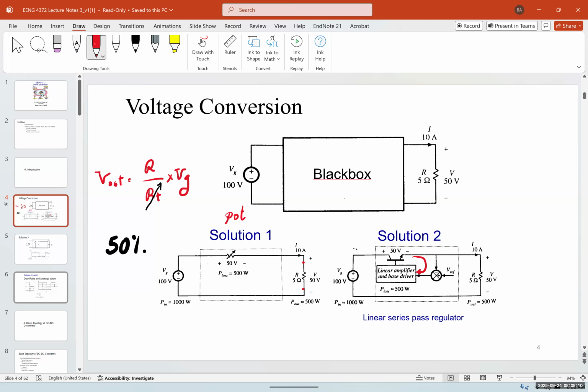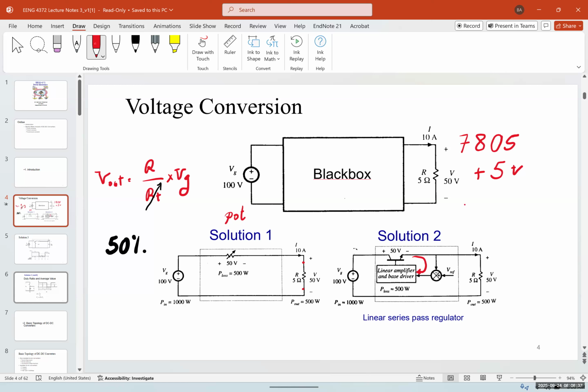As you remember from electronics, the most popular type of regulators, for example, was the 78 series, like the 7805. 7805 means this is a positive 5 volt, meaning regardless of the input, if the input is 12 volts or 100 volts, the output would be fixed at 5 volts.